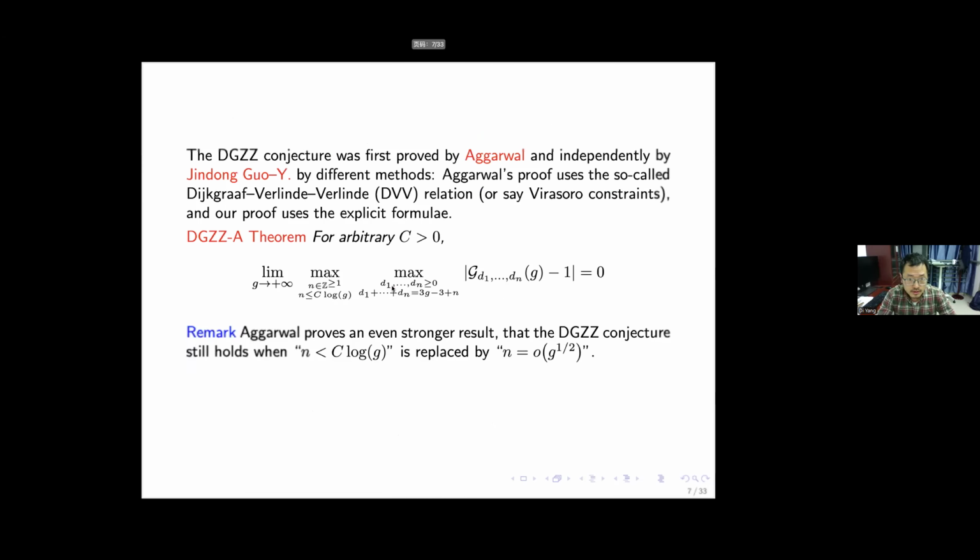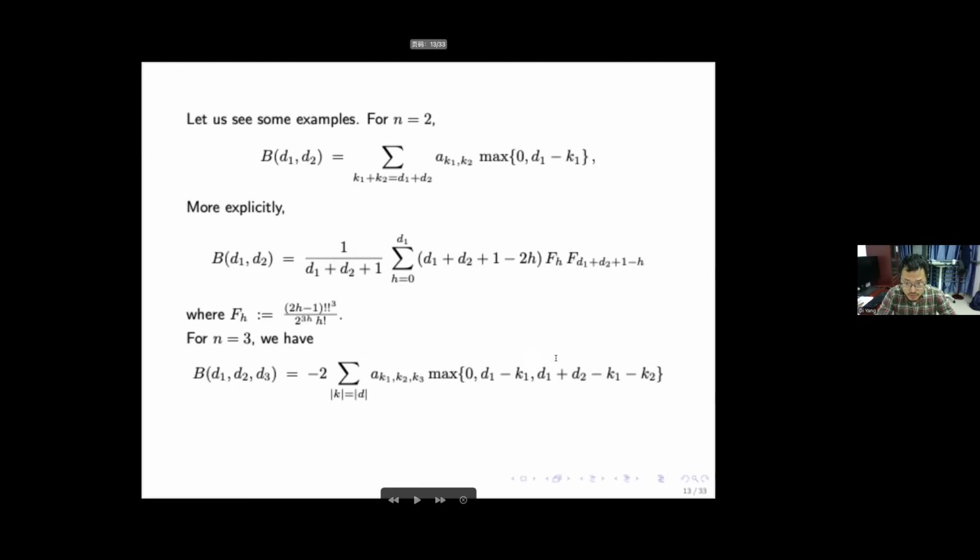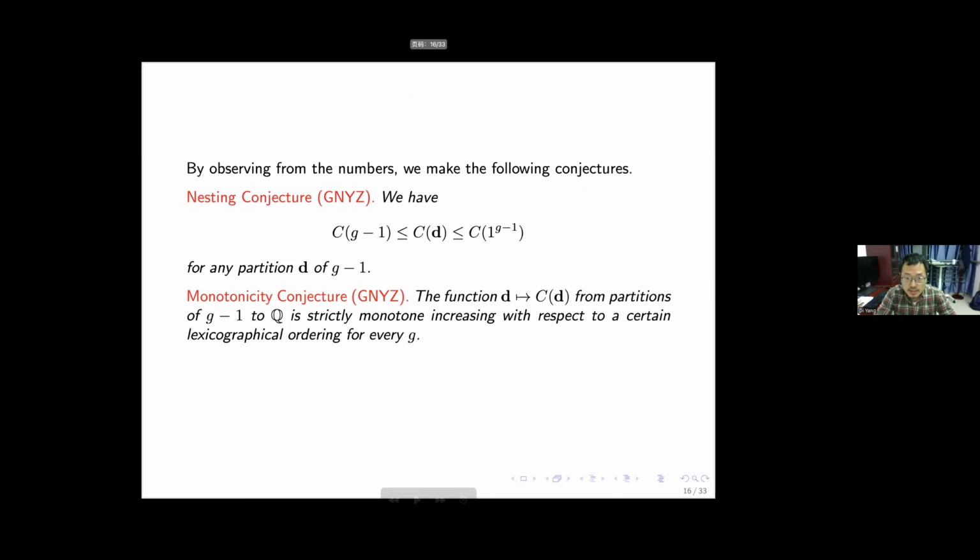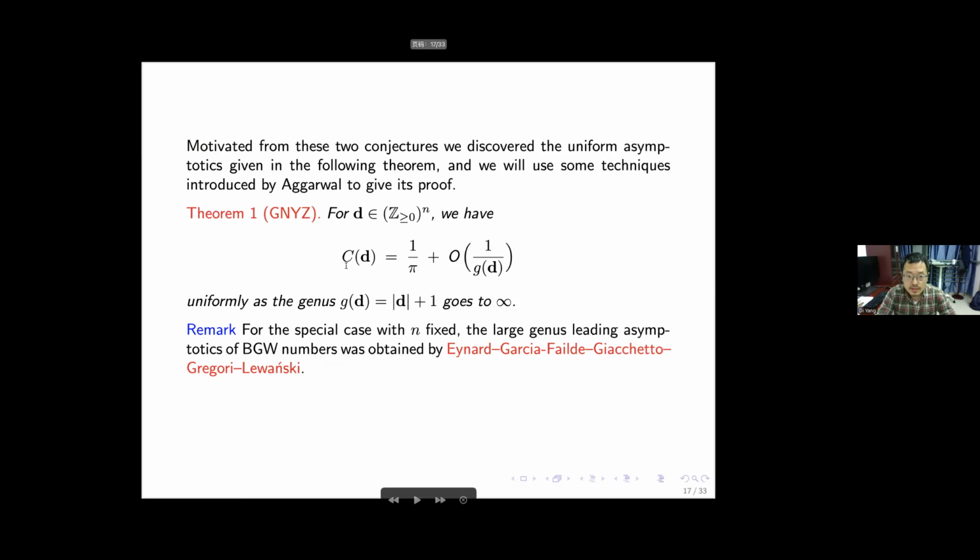In the DGZZ Agrawal case, the uniformity is only up to this little o of square root of g, and there are counterexamples. Here we can reach complete uniformity in N.